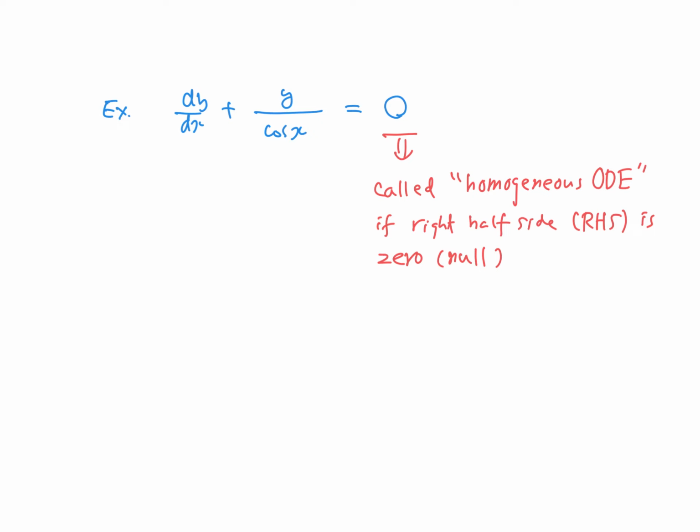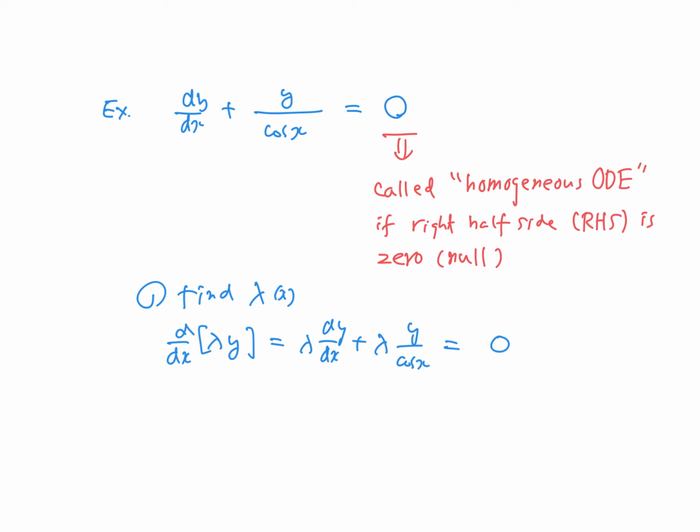So step number 1 is to find the lambda, right? So d/dx of lambda y is lambda dy/dx plus lambda cosine x y, equal to 0.